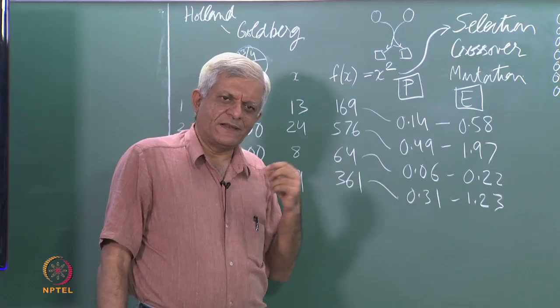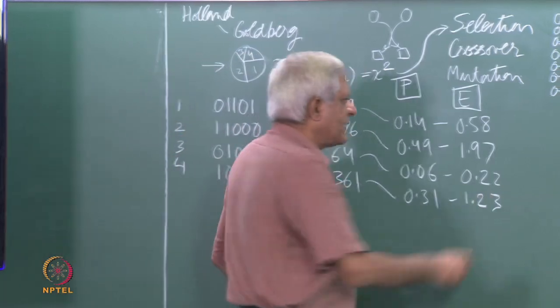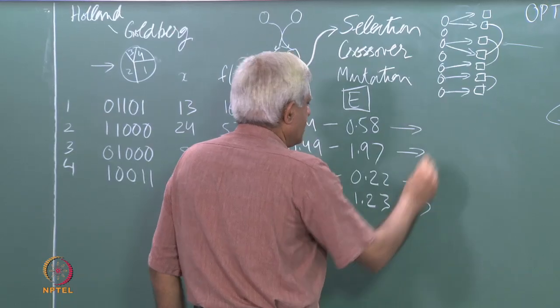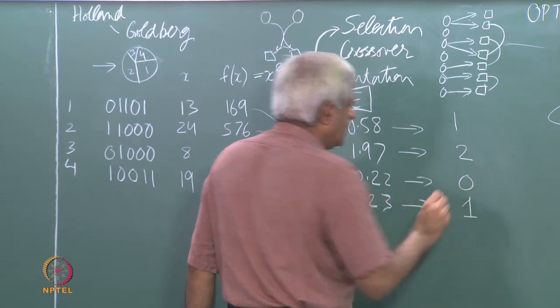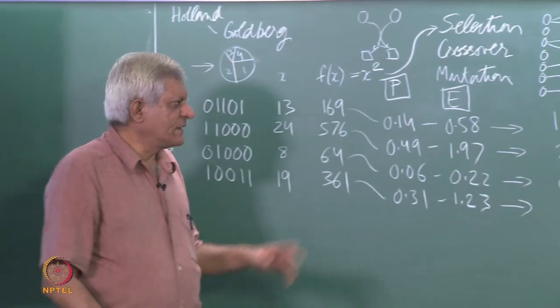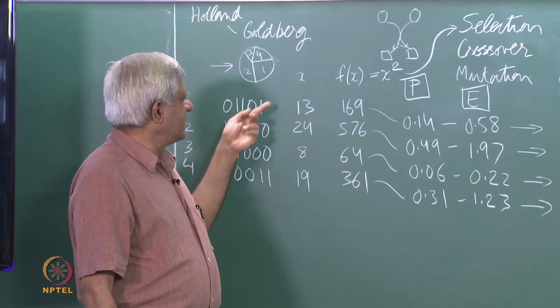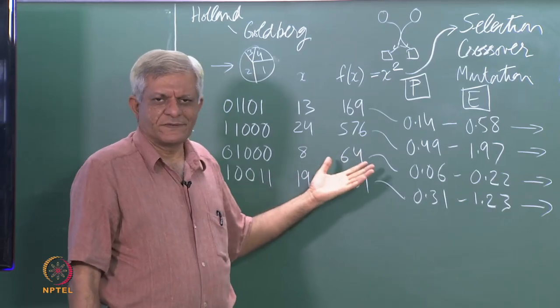In the end I will end up seeing 4 candidates, and let us assume that when we actually carry out this experiment, the values that we get are 1, 2, 0 and 1. It is quite possible that if I spin the wheel 4 times, I will get 2 copies of the second candidate, 1 copy of the first, 1 copy of the fourth, and none of the third one.